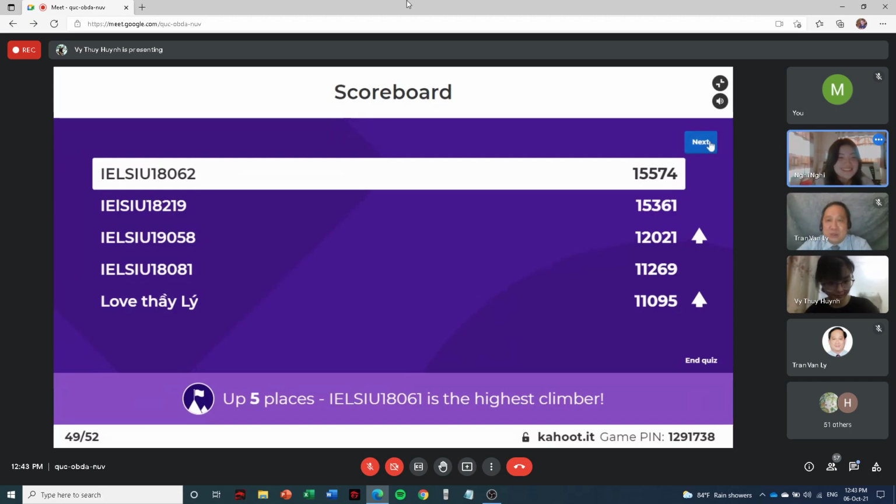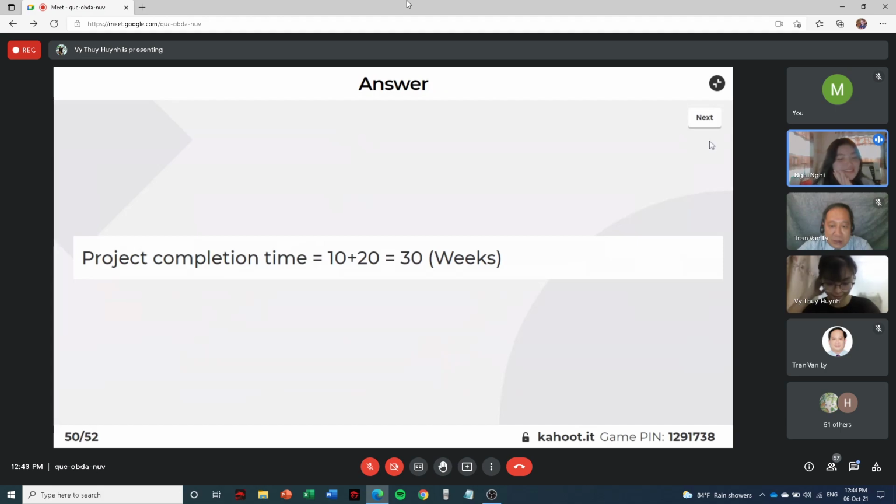Oh, see, the love power has come back to the game. So because we make activity C parallel to A and B, the project completion time now is only equal to the durations of activity A and B, which is 30 weeks.